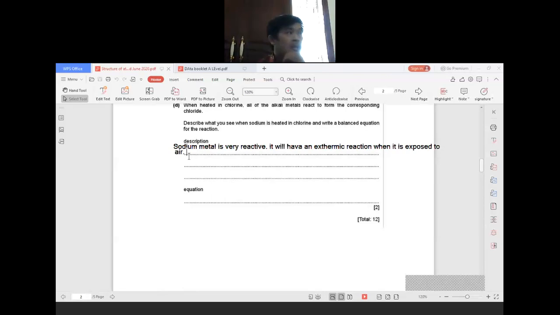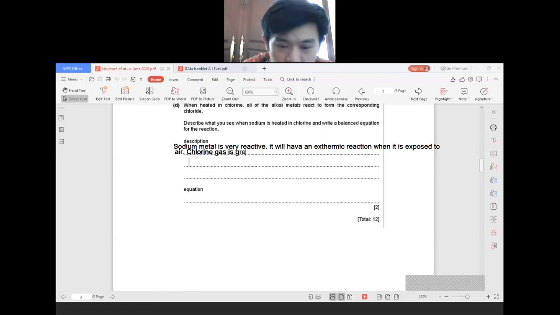And then chlorine gas is greenish yellow at RTP.